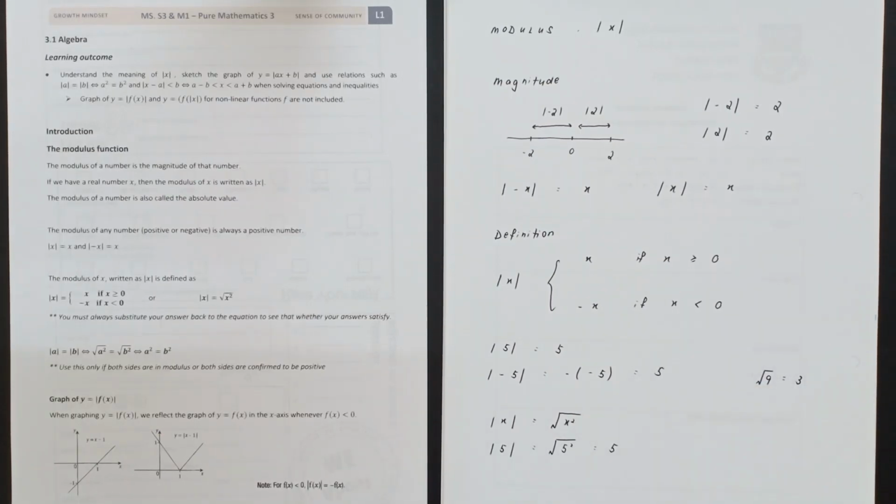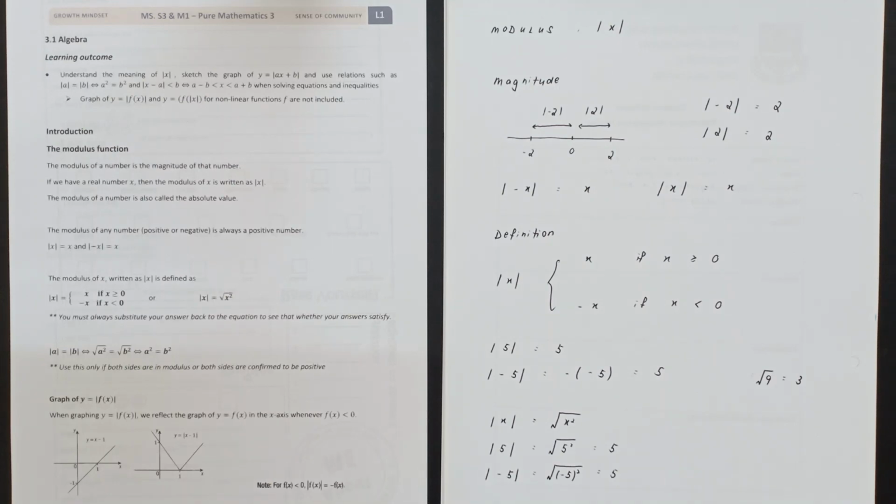But when we talk about the definition, we talk about positive only. So it's the same thing if I have negative 5. I can put it inside the square root, negative 5 squared. So negative 5 squared, I get 25. After I do square root, same thing, I'll get a 5 as well. Okay, so those are the things that will be helpful for us when we want to solve the equation later.